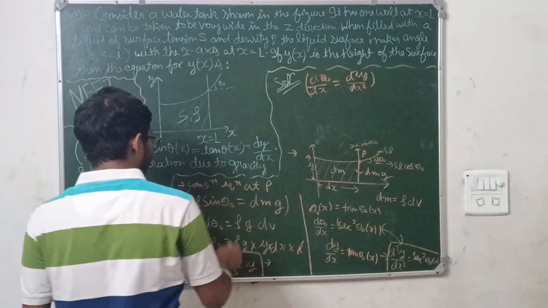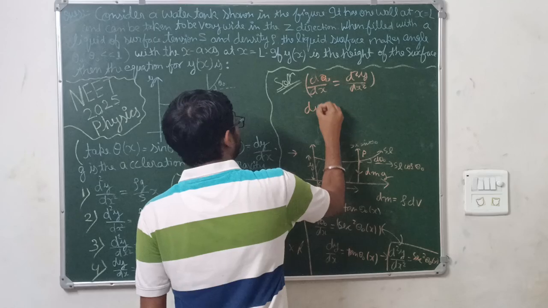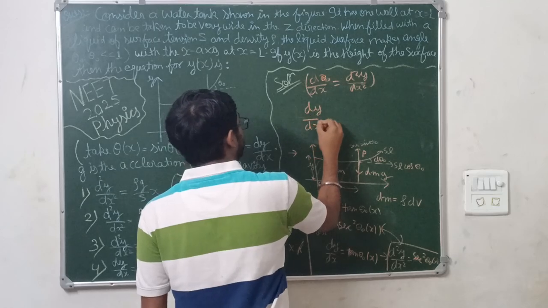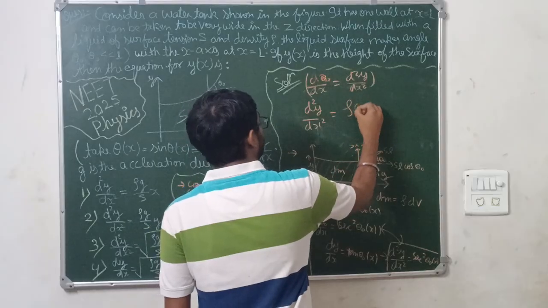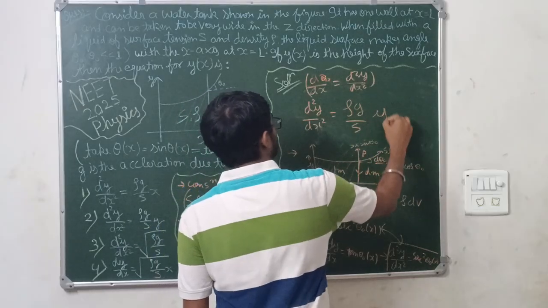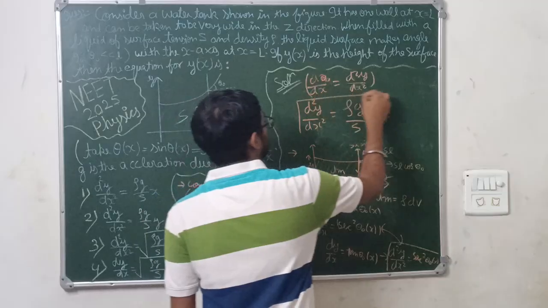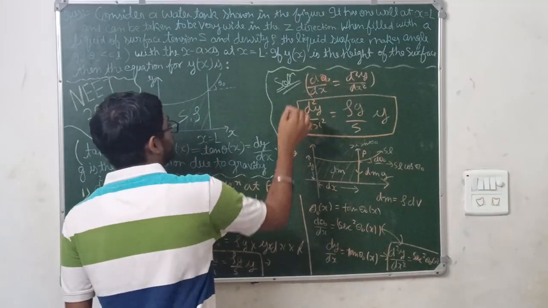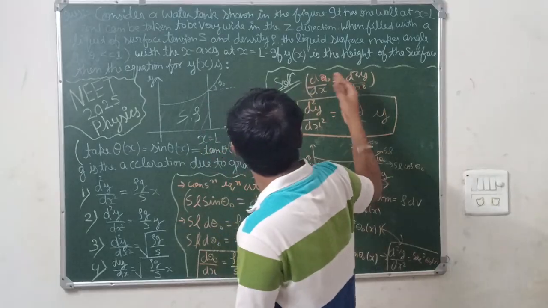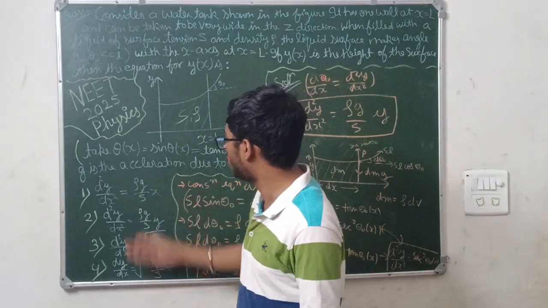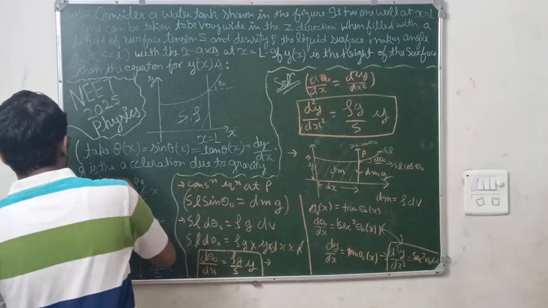Substituting in this equation, d square y upon dx square is equal to rho g by S into y. This is the required equation of the height of the surface, which is the first option. The first option is the only correct one.